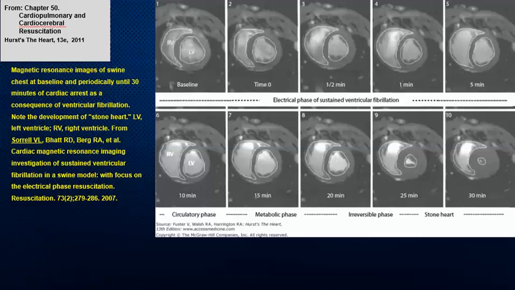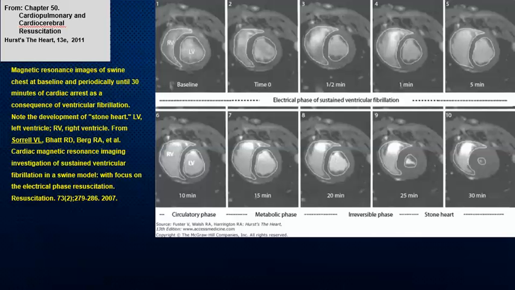This very interesting excerpt from the textbook, The Heart, shows cardiac MRI images in a swine model.